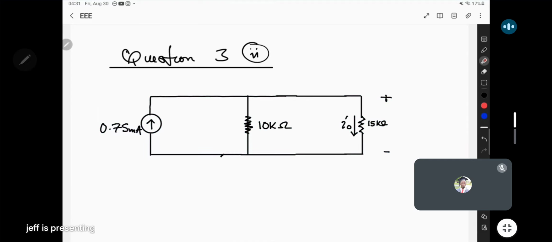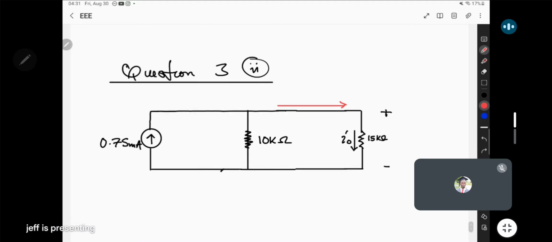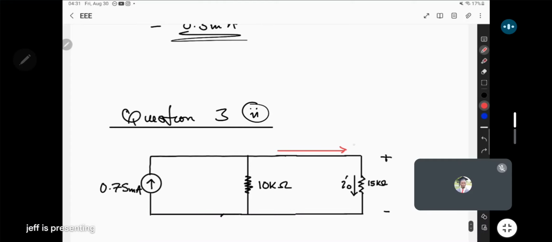So from here, we found that the current that goes this way towards the 15 kilo ohms, we found this current as 0.3 milliamps.